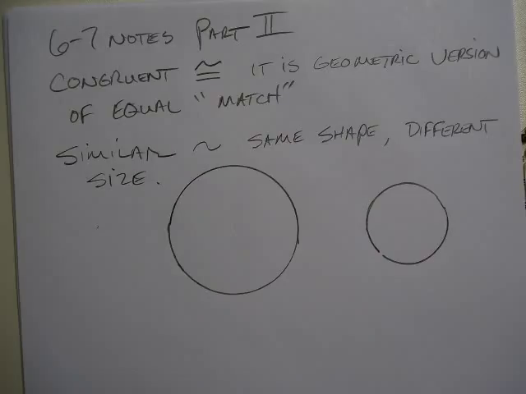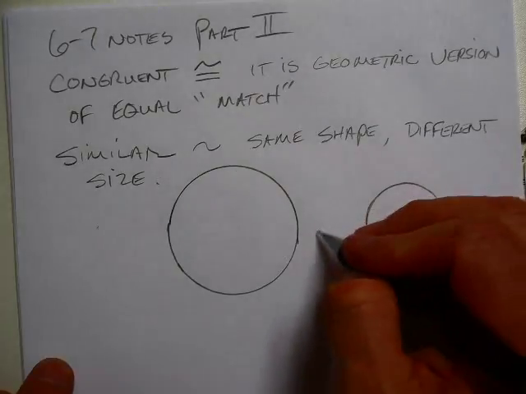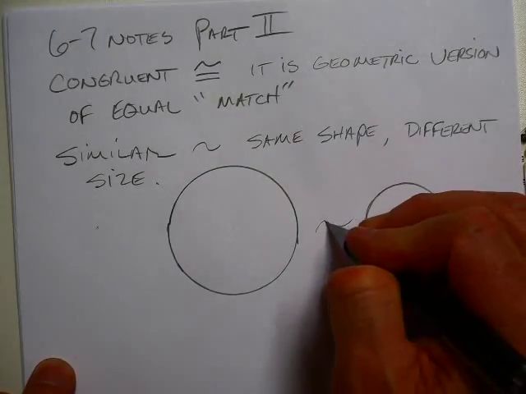Rectangles can be similar. And what makes them similar is that they are proportional.